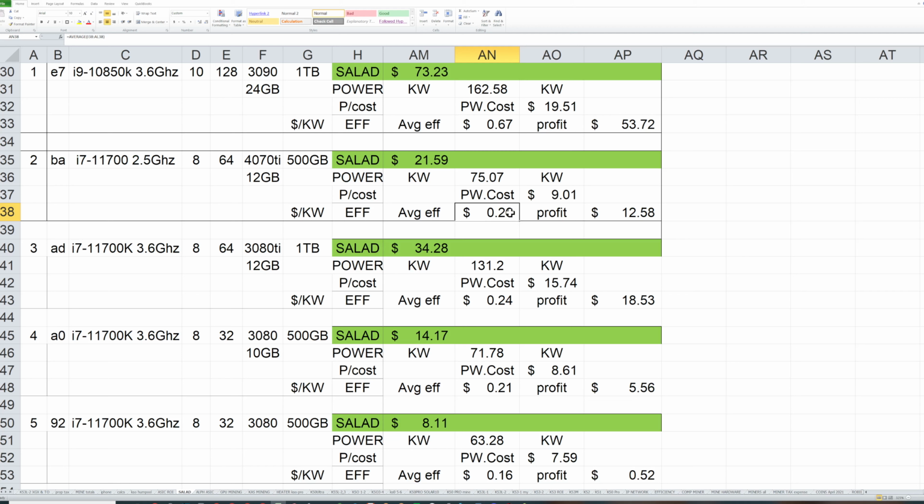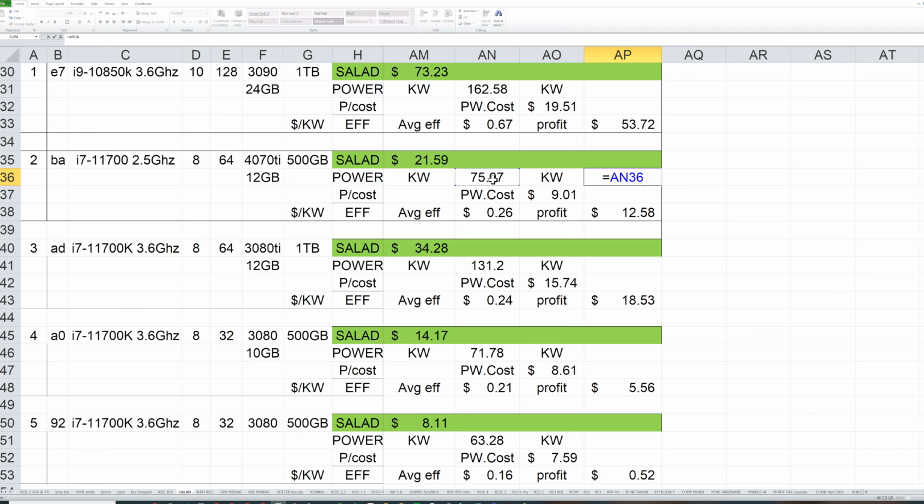That looks a lot closer to where it is. Something is wrong with this average. I'll have to go back and check, but yeah, it looked a lot higher. So 13 cents for 75 kilowatts. My profit should be here.